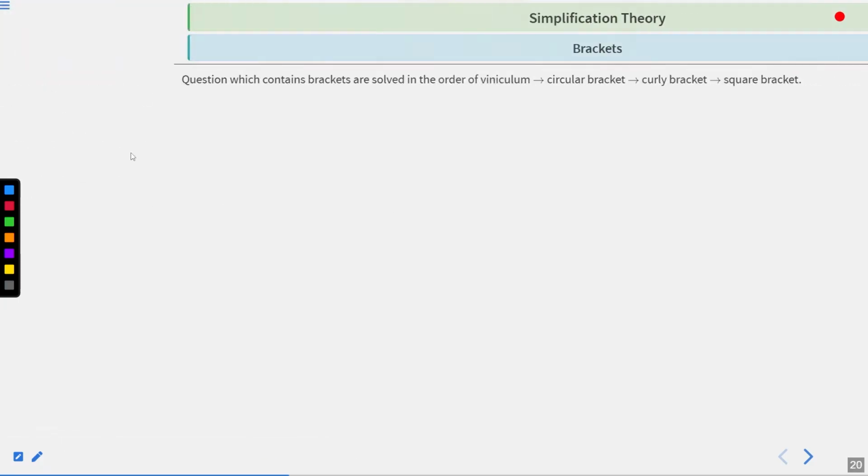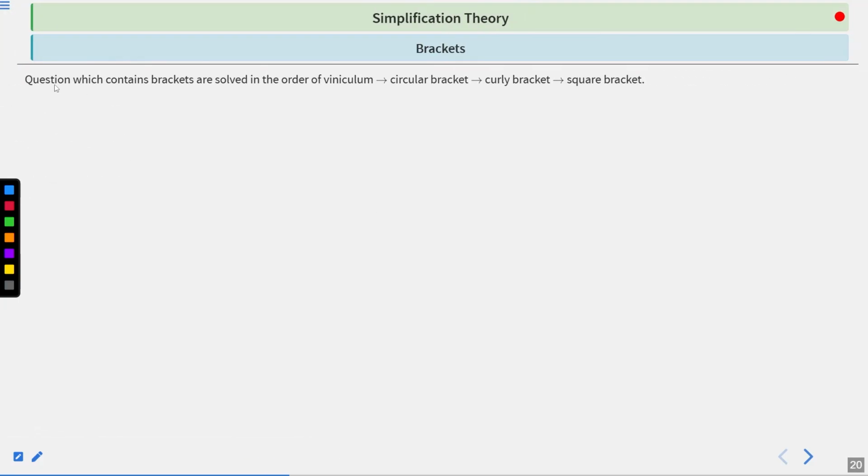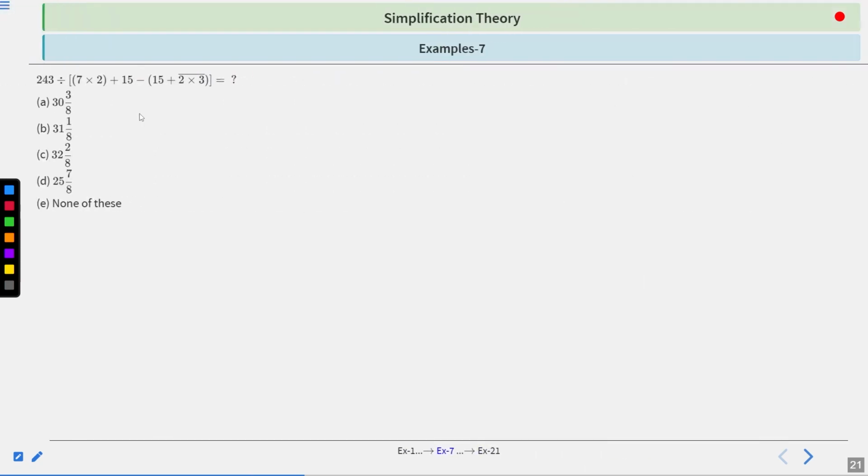Next one. Now brackets. Questions which contain brackets are solved in order. First is the circular bracket, then we solve the curly bracket and then the square bracket. Now see the examples.